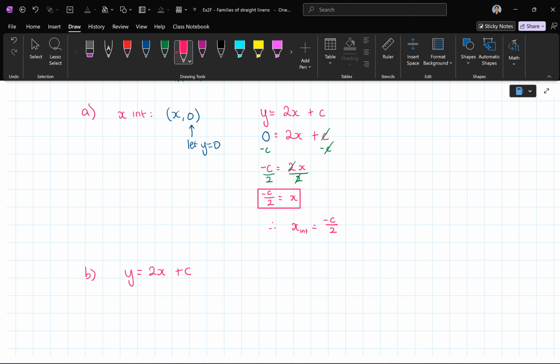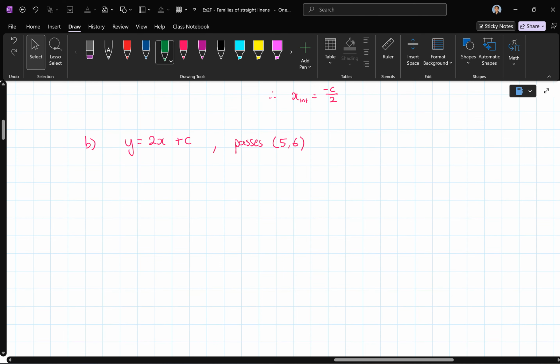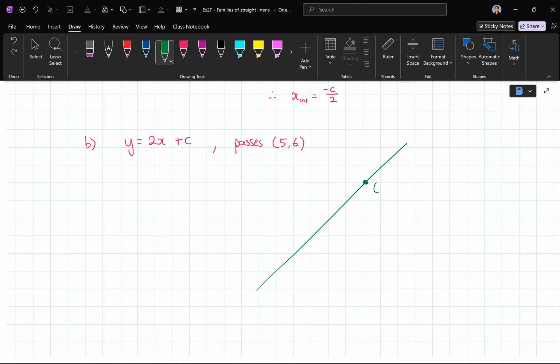That's what we don't know, but we do know it passes through the point (5, 6). So even though we don't know where c is, we do know that when x is 5, the y value is 6. If I substitute x equals 5, then the y coordinate will have to be 6.